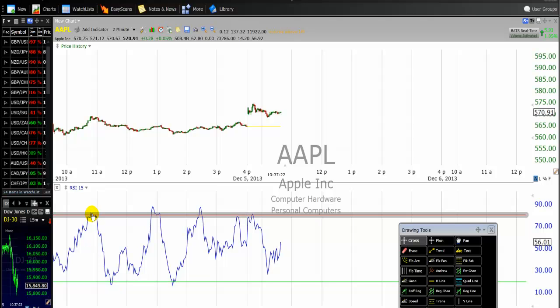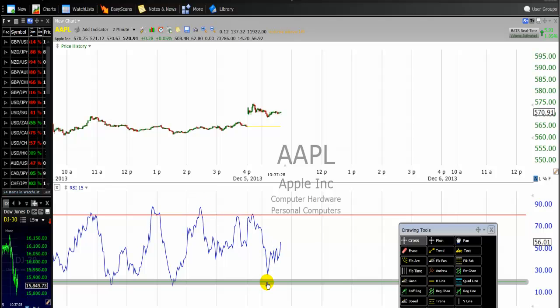So the computers can sell here, buy here, sell here, buy here, sell here, and buy here. Now, before a high-frequency trading firm will use these trading rules, they will test them first. They will use different financial instruments.